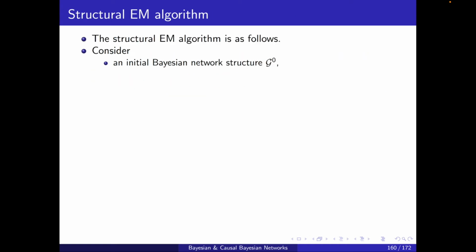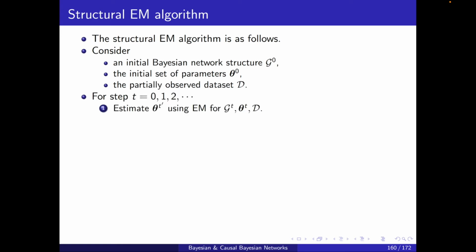So how does it work? Well, the structural EM algorithm is as follows. Consider an initial Bayesian network G0, the initial set of parameters theta 0, and the partially observed data set D. For step t from 0 and so on, first we estimate the parameters theta t prime. How do we do it?